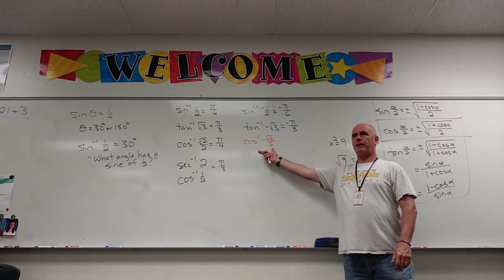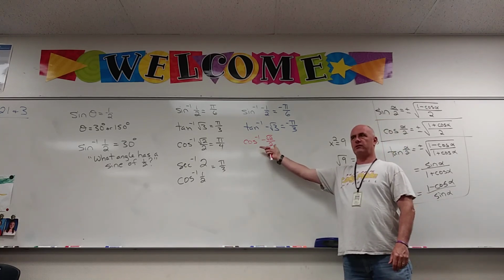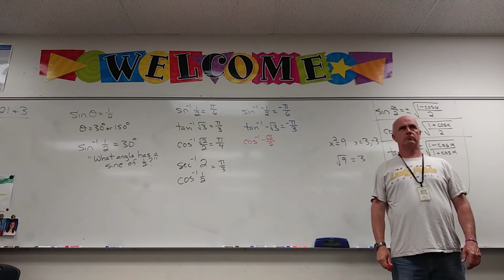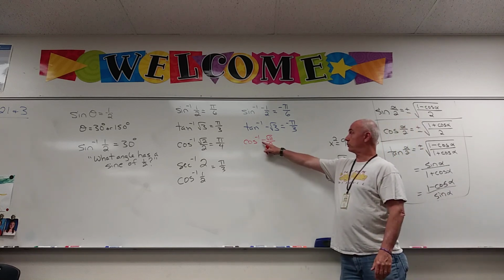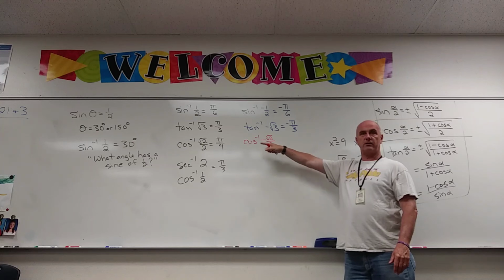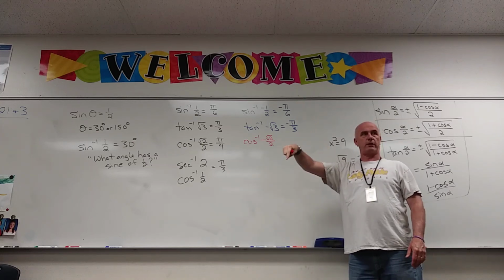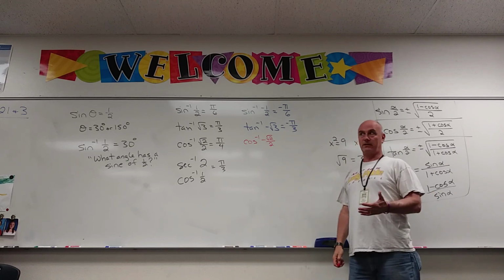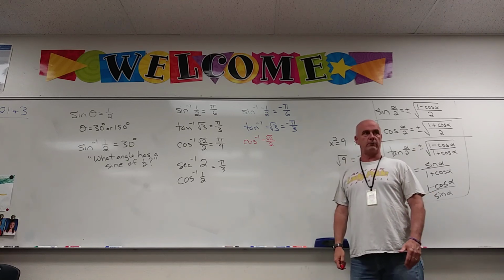What are our options for what quadrant this answer should be in? Go around another time, and not 1, 2 or 3, because we're looking for where cosine is negative. And the only places that cosine is negative are quadrants 2 and 3. So once again, we have to be told which quadrant we're working with.